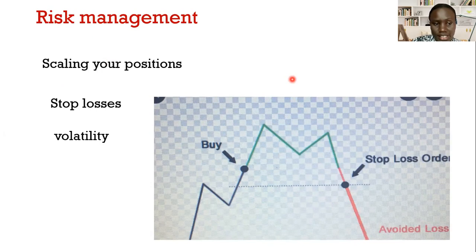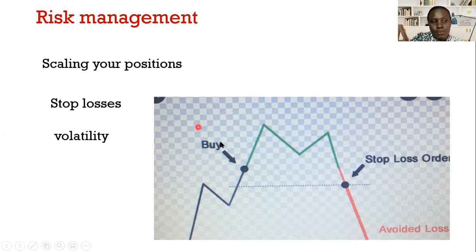Volatility of the company is also important, because if you are dealing with a company that goes extremely low and extremely high, like it just plummets and jumps all the time, you need to look at that critically and see if you really want to risk it, and how you can tolerate that risk.